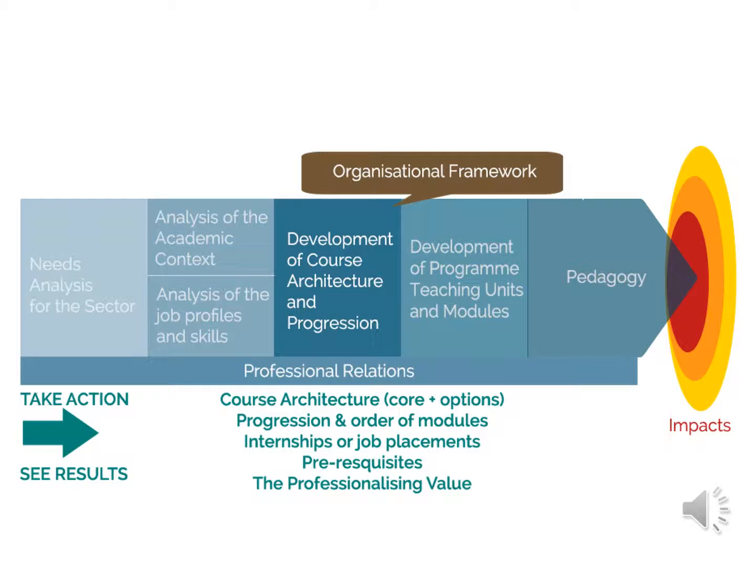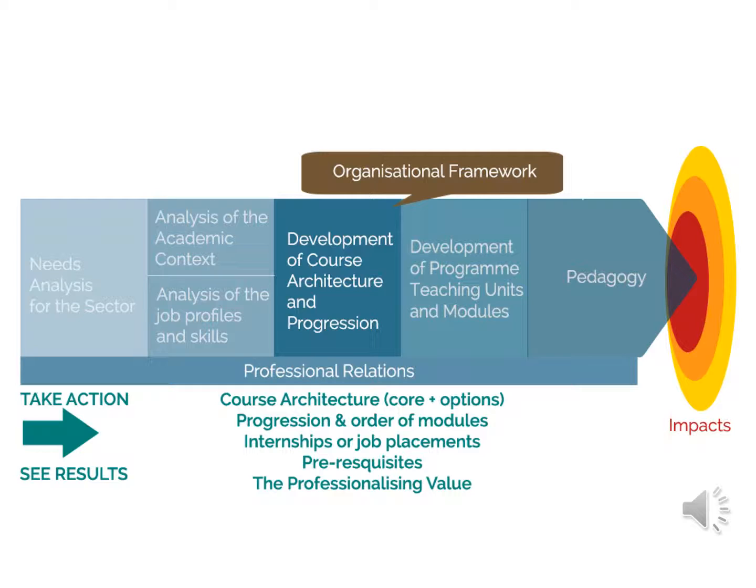The next step is the definition of the course architecture and the progression of the content through the sequences. A consensus must be reached on the content of the core teaching units, leading on to the range of options. The cursus must be organized into logical sequences to obtain the targeted progression.